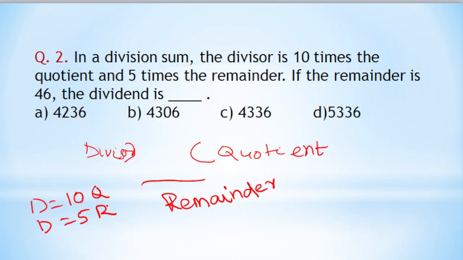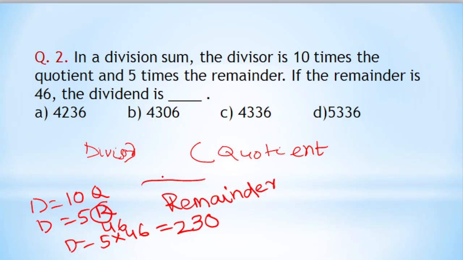Now, here it is given that divisor is 10 times quotient, so divisor is 10q, and 5 times the remainder. If the remainder is 46, that means divisor is equal to 5 into 46, so that is equal to 230.